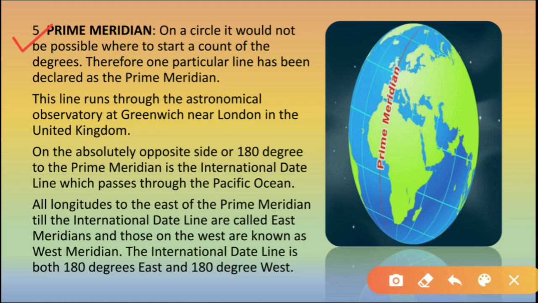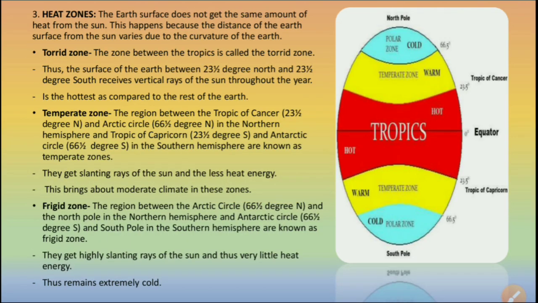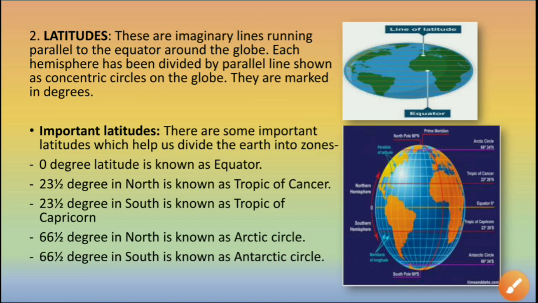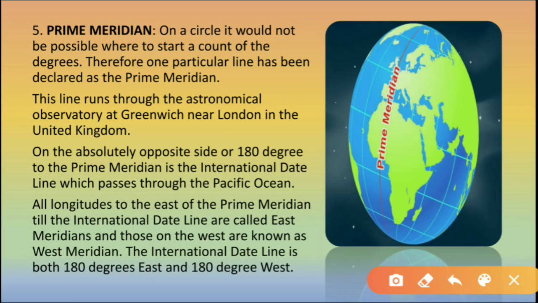Students, as I told you in the longitude topic, they are measured in degrees, like you have studied in latitude: 23 and a half degree north, 23 and a half degree south. In the same way, longitude also is measured in degrees and minutes. So here we will study more about it.